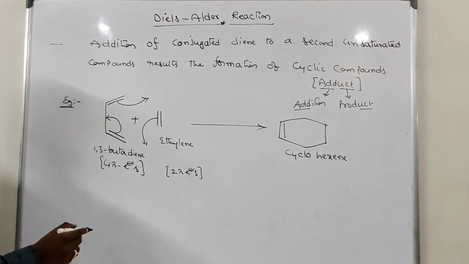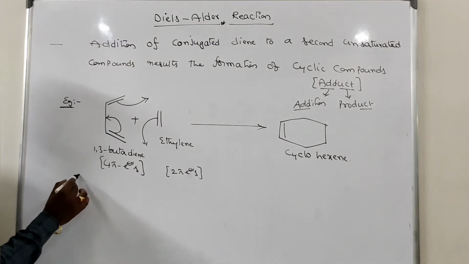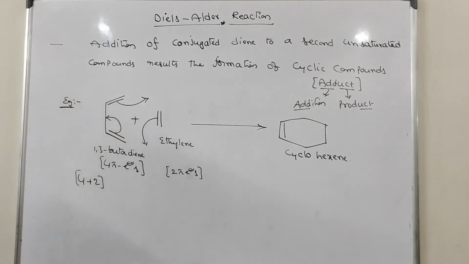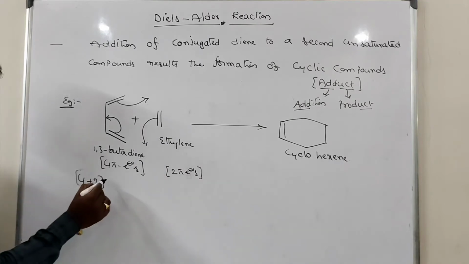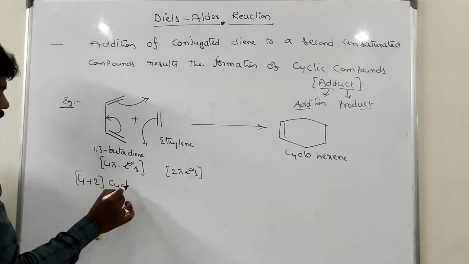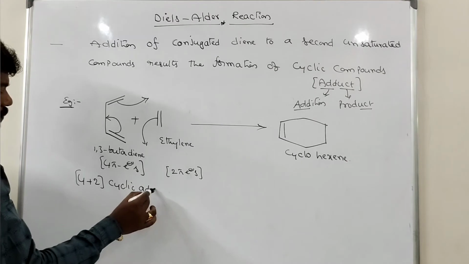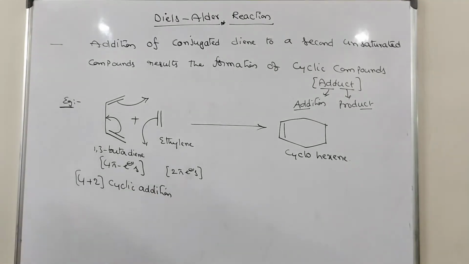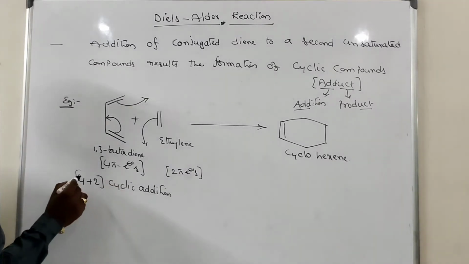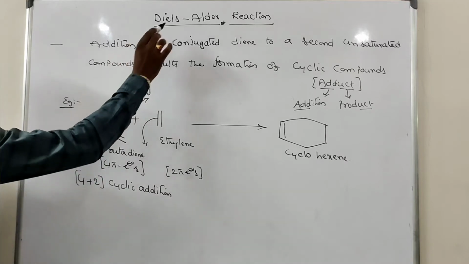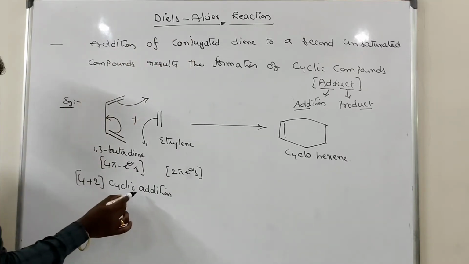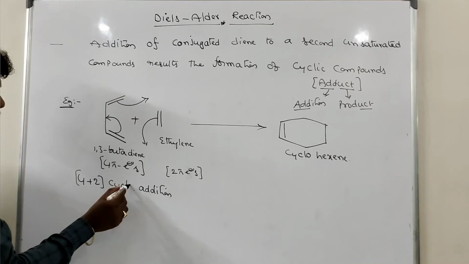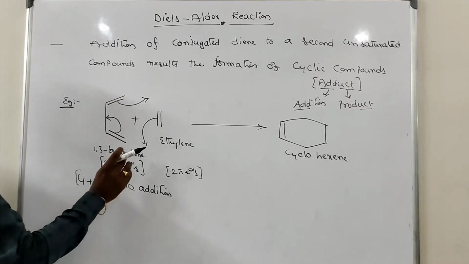So such type of addition is also known as 4+2 addition, 4+2 cycloaddition or cyclic addition. So the Diels-Alder reaction is nothing but 4+2 cycloaddition.